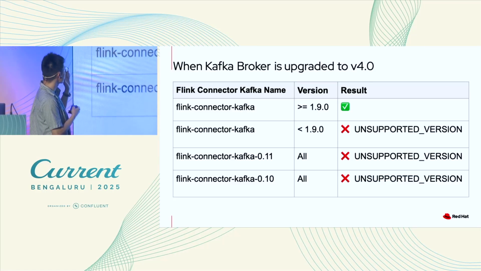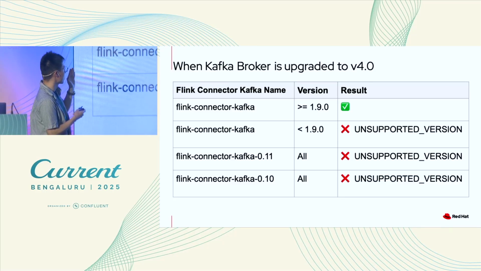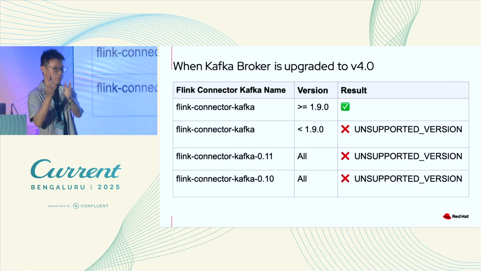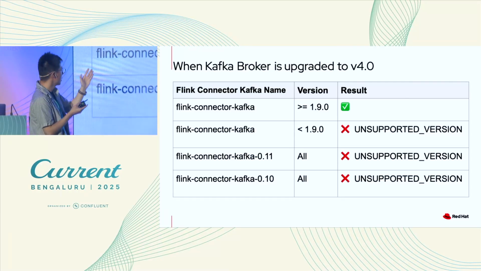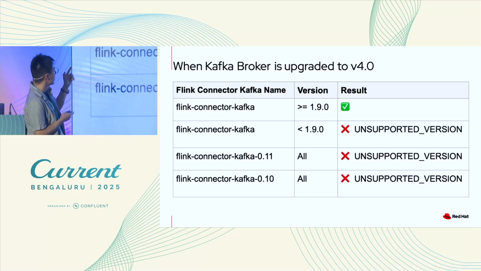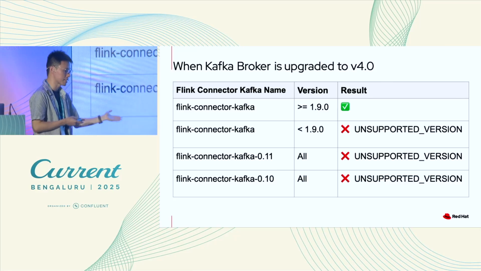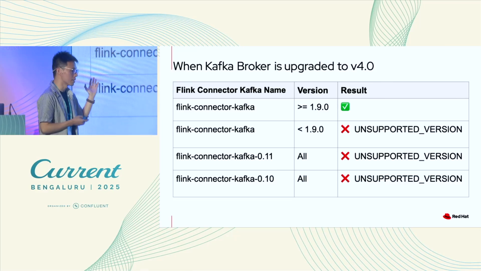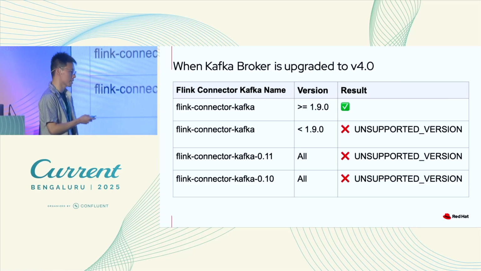If you are using Flink connector Kafka without suffix, and you are using 1.9 or later, you are safe, even if your broker is upgraded to 4.0. But if there are some other cases, like version less than 1.9, and you are using the 0.11, 0.10, 0.9 suffix, please upgrade your Flink connector Kafka version to the latest one. Otherwise, you'll get an unsupported version error.